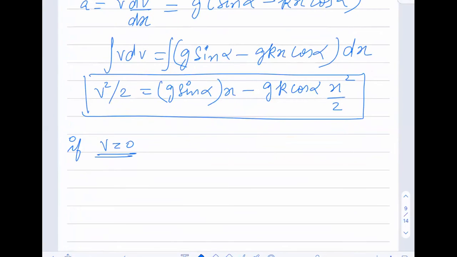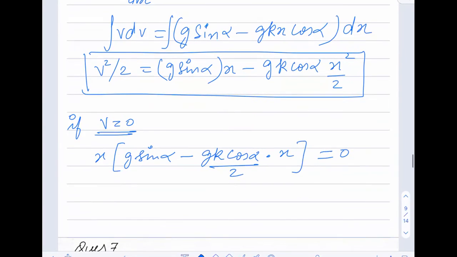I can take x common from here. I will write g sine alpha minus gk cos alpha into x by 2 equal to 0.